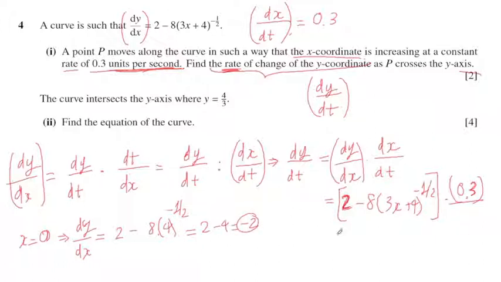So dy divided by dx will be equal to minus 2, and dx divided by dt is 0.3. So the final result for dy divided by dt is minus 0.6. Okay, here is the final answer for this question.